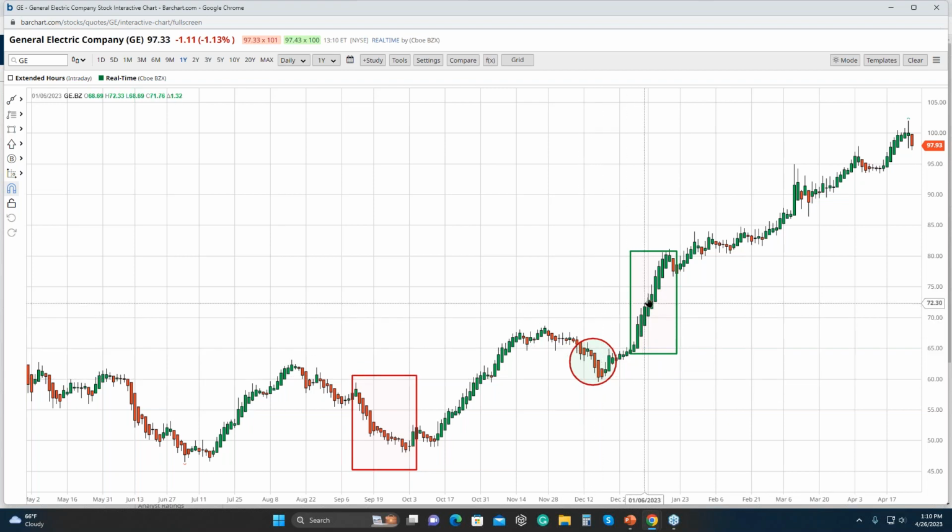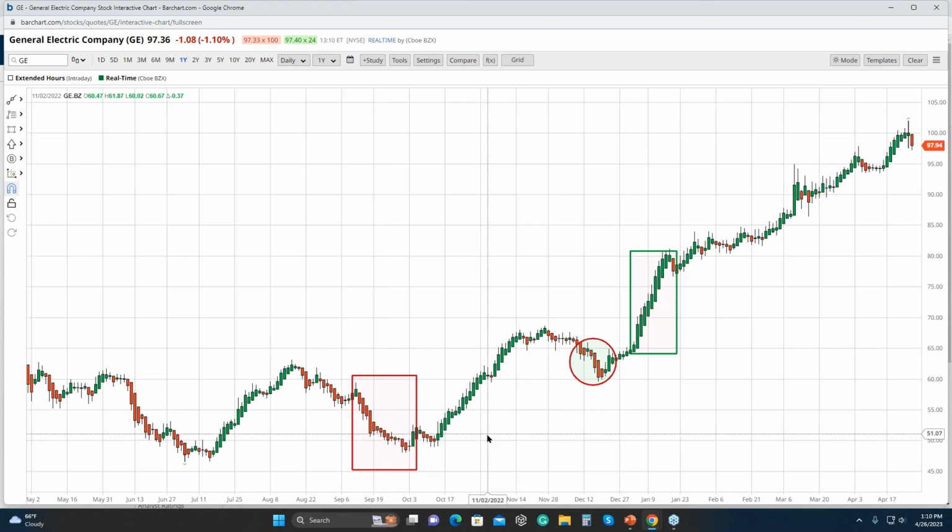Notice here in this uptrend, we have no lower shadows and we have upper shadows. On this downtrend, we have no upper shadows and we do have some lower shadows.